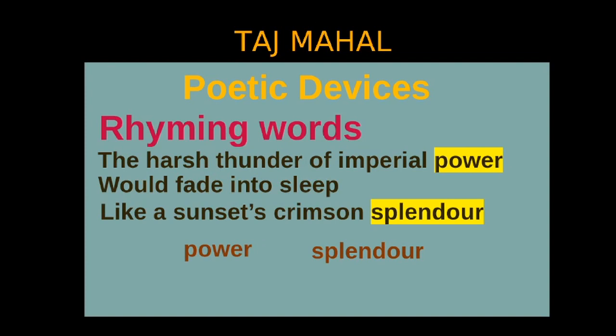But in between these two lines, there is another line with a different sound. Even though the line in the middle has a different sound, power and splendor are rhyming words. So it does not mean that it should come in the next line. It can be repeated in the paragraph, or to say in its stanza, to become a rhyming word.